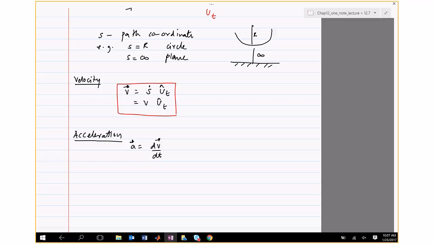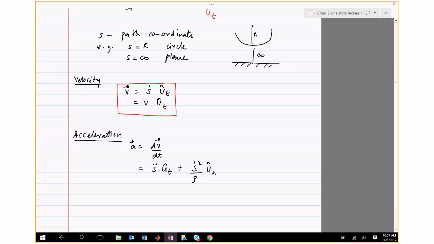And I'm not going to do that, but what comes out of it is s double dot ut plus s dot square divided by rho, or the radius of curvature, times un. Okay, and if you take the derivative of this, you have the derivative of the first term s dot, which is s double dot, right? And the second is going to be derivative of ut.